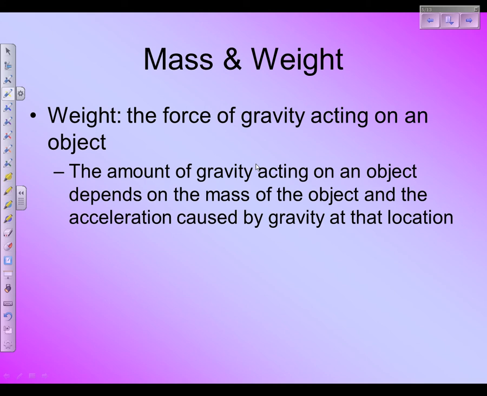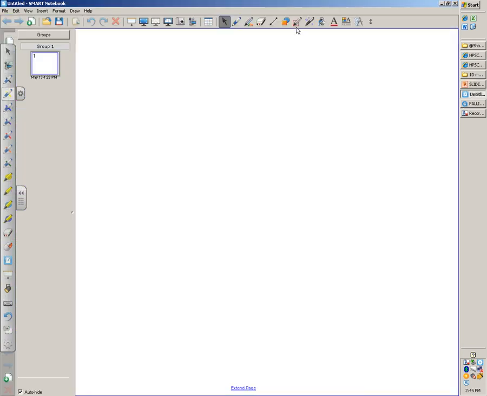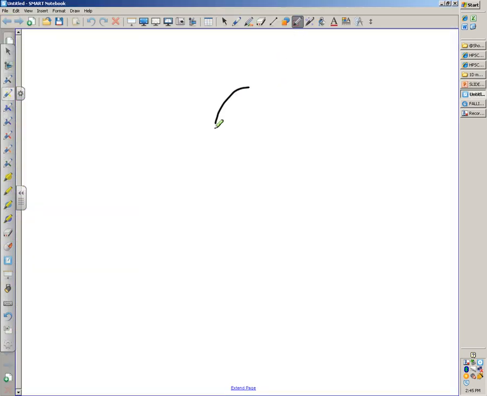Maddie, go ahead. So if someone was at rest, then their acceleration would be 0 and it would only depend on mass? Okay, that's a good, Maddie, that is a great question, okay? Because, so let's draw a picture. So here's my object. Let me restate it so that the recording can hear it too.